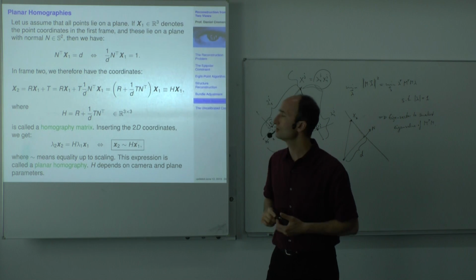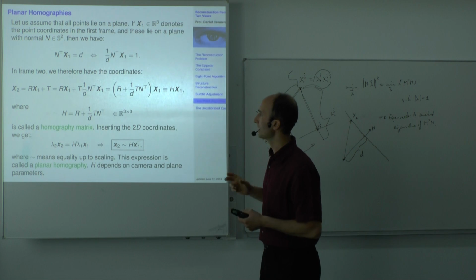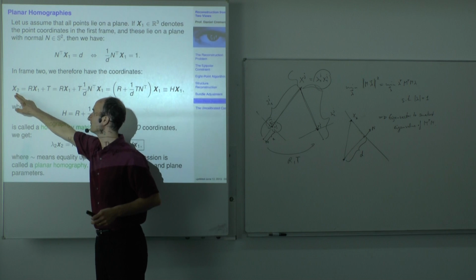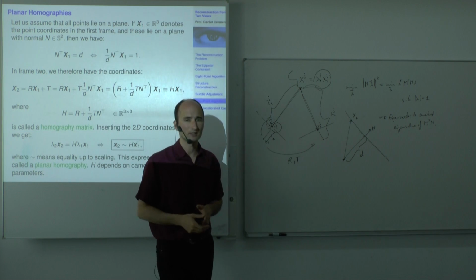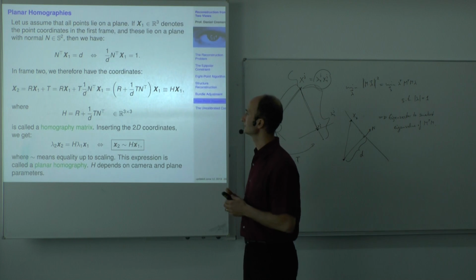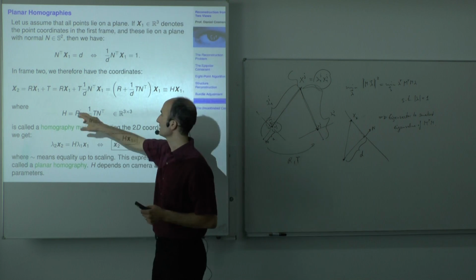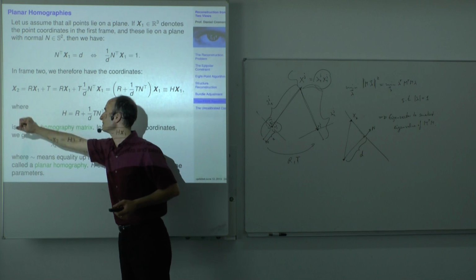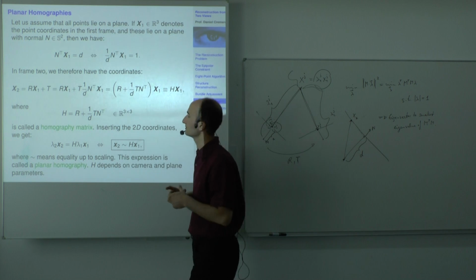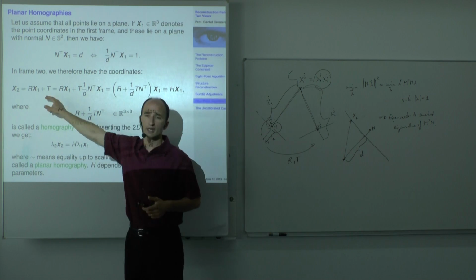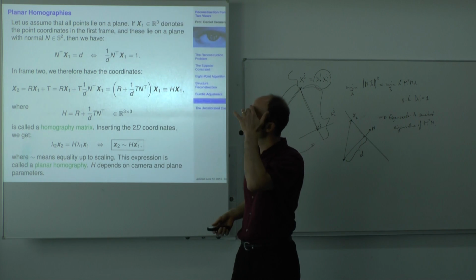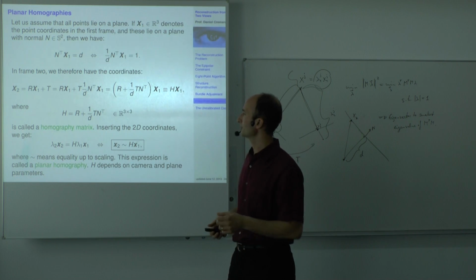Now we look at the same point on the same plane from a different camera. x1 is the 3D location with respect to the first camera, and x2 is the 3D point in the coordinates of the second camera, and as you recall, it differs by rotation and translation: R x1 plus t is the 3D coordinate in the second camera.